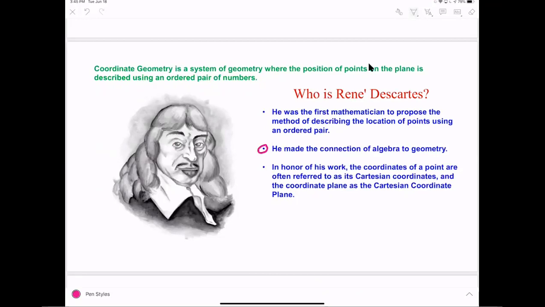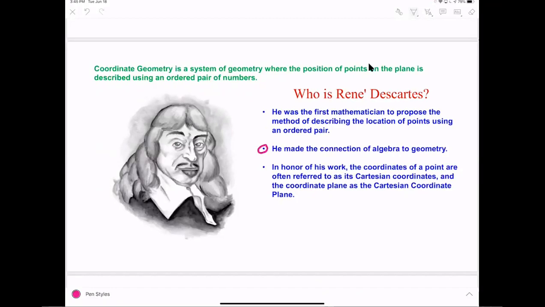So really, before Rene, algebra was not connected visually to geometry until he came up with the ordered points. Geometry is based on shapes.